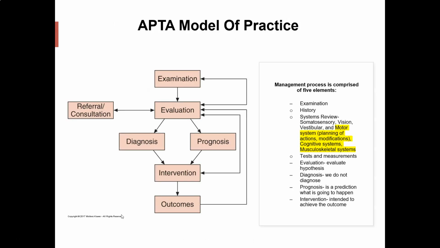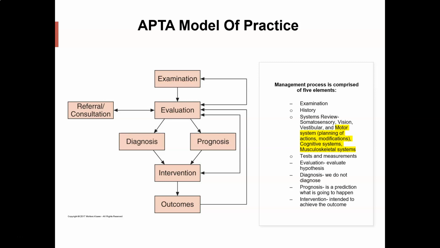The management process is comprised of five elements. You have an examination, which will lead to an evaluation, and the evaluation will lead to a diagnosis and a prognosis. And based on the diagnosis and the prognosis, we're going to come up with an intervention.